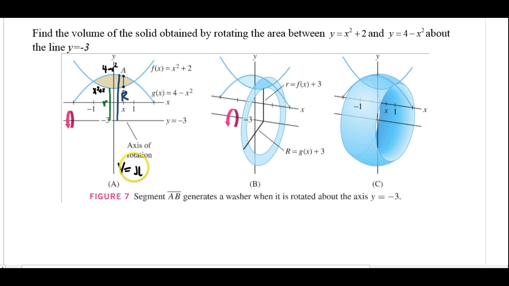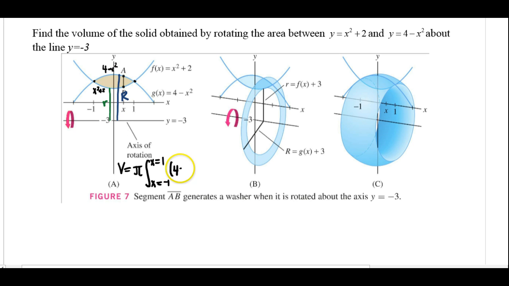So now we can go ahead and set up our integral. So I have pi times the integral from, I'm being told here that the limits of integration are my points of intersection that have been given. So those two x values go from -1 to 1. But we could, of course, find them by setting these two functions equal to each other, and we should know how to do that by now. So I'm going from -1 to +1, and then big R is top minus bottom.